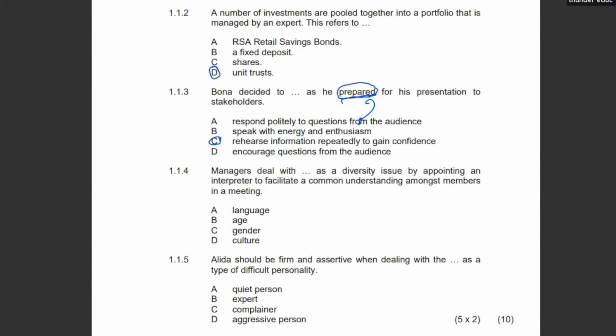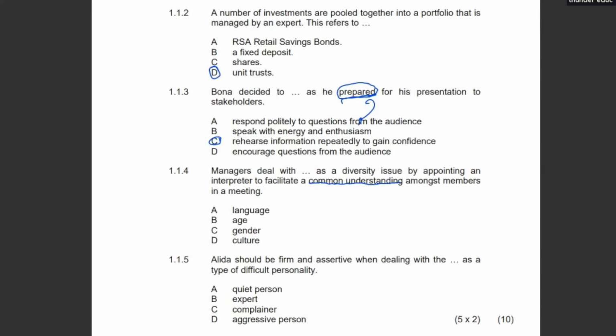Okay, right. So grade 12, let's move on to 1.1.4. 1.1.4 reads as follows. Managers deal with dash as a diversity issue by appointing an interpreter to facilitate a common understanding amongst members in a meeting. So now the options given, we have language, we have age, we have gender, we have culture. So this manager deals with this as a diversity issue by appointing an interpreter to facilitate a common understanding amongst the members in the meeting.